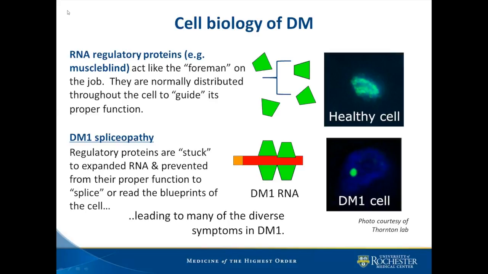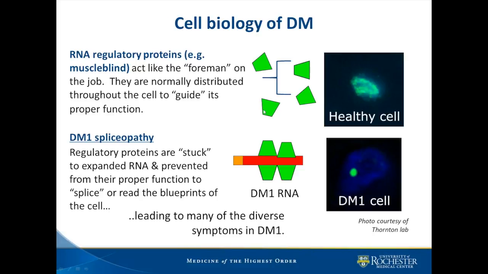This particular slide emphasizes that there are some RNA regulatory proteins, and one of the principal regulatory proteins that's being embarrassed and sequestered and altered in how it acts in myotonic dystrophy, both type 1 and 2, is as the following. These nuclear regulatory proteins are sort of like a foreman on the job.